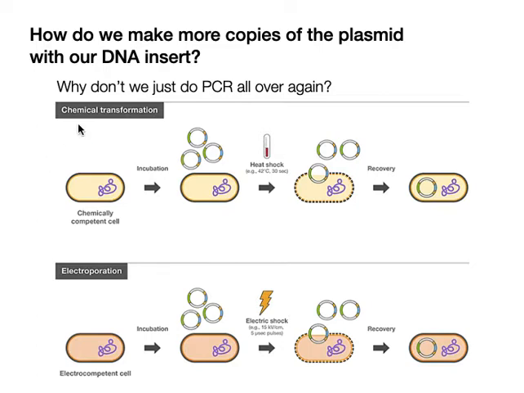Now we have two ways to incorporate the plasmid that we designed into our host. You can see here the host is usually a bacteria, E. coli. For us to introduce this plasmid back to its host, we can either do chemical transformation in the form of heat shock.